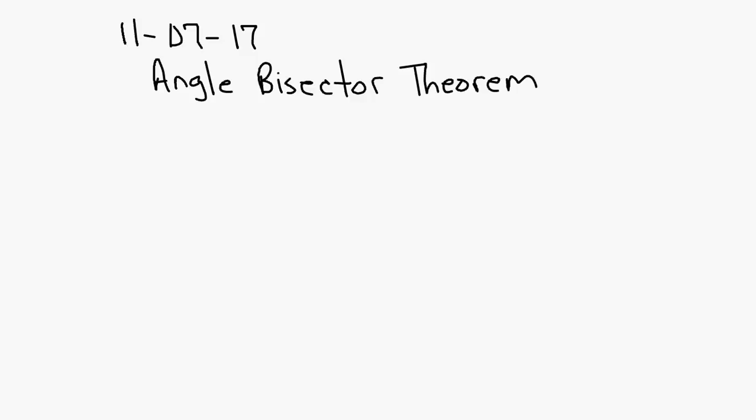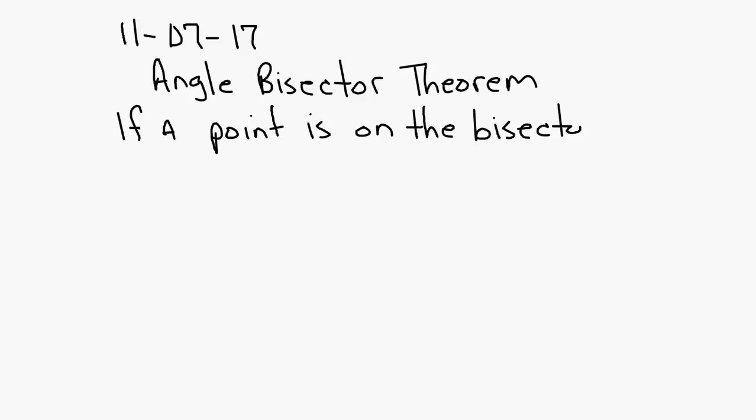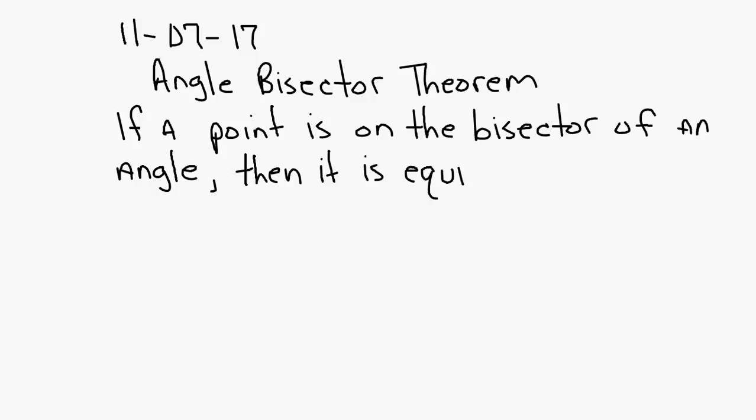And it says that if a point is on the bisector of an angle, then it is equidistant from the sides of the angle.